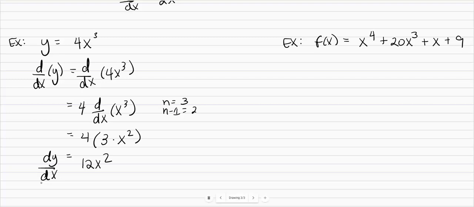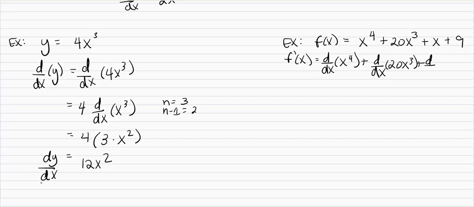If we want to find the derivative, or dy over dx, so my f prime of x is equal to d over dx of x to the 4th power plus d over dx of 20x cubed plus d over dx of x plus d over dx of 9.